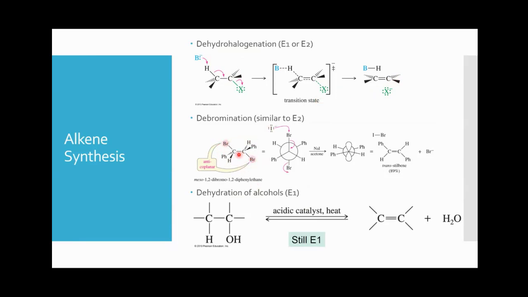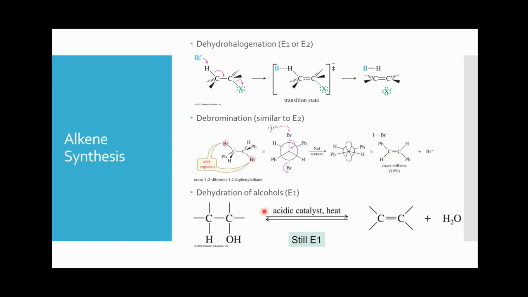Debromination is when you have two bromines. It's like E2, except two bromines are being removed. A common reagent is NaI and acetone. And so it's very similar to E2.